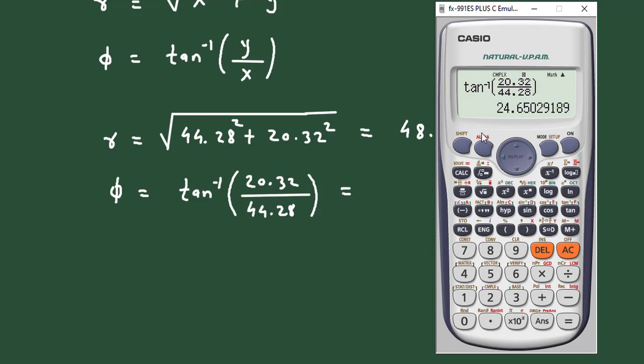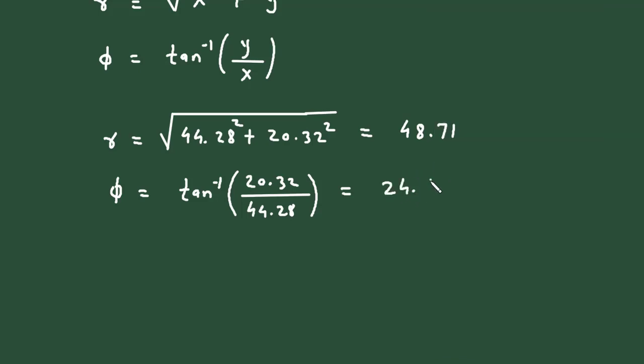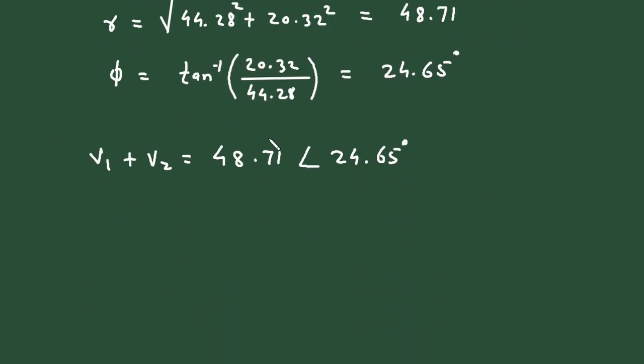So it is equal to 24.65 degree. So therefore, the value of V1 plus V2 is equal to 48.71 at an angle 24.65 degree. So this is the value of V1 plus V2 in polar form.